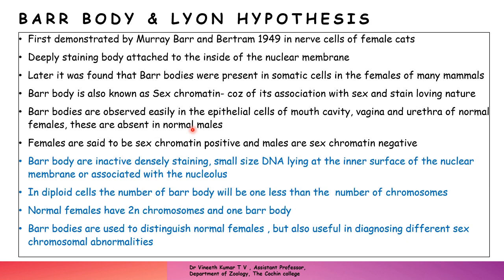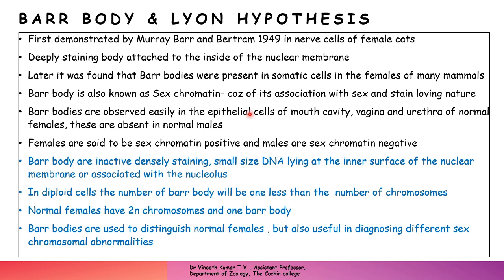This is a simple test to detect whether an individual is male or female. Females are said to be sex chromatin positive, and males are said to be sex chromatin negative, based on the presence or absence of this Barr body.